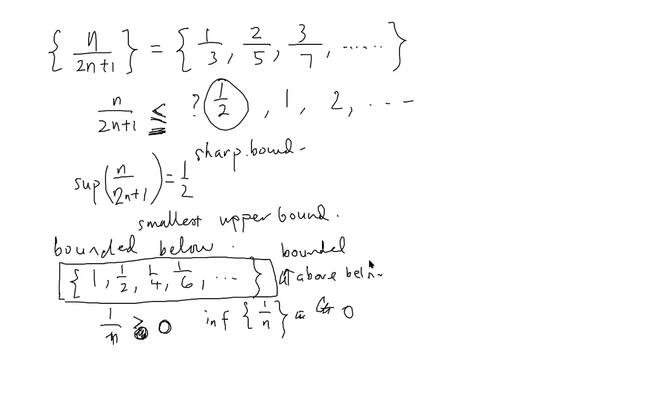Yes, because it's bounded below by 0. Its infimum is 0. What is its supremum? 1. The largest is 1. So it cannot go more than 1 and it cannot go below 0. It's trapped between 0 and 1.